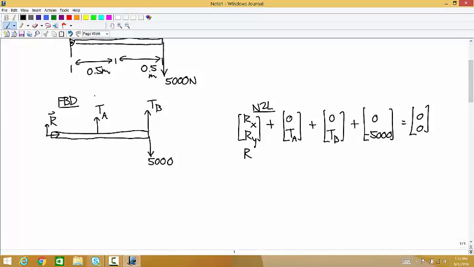We can tell from this that R doesn't have any X component. And we get a second equation. I'll number that one equation 1, that says Ry plus TA plus TB is equal to 5,000.